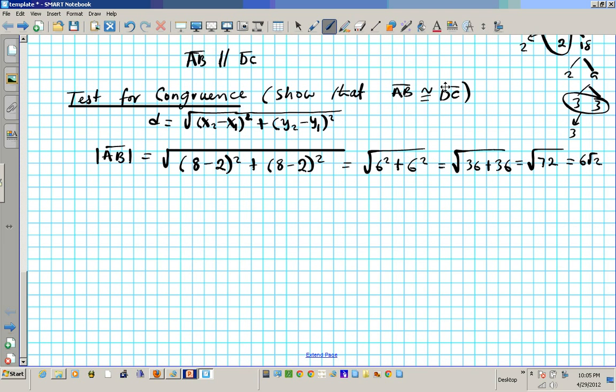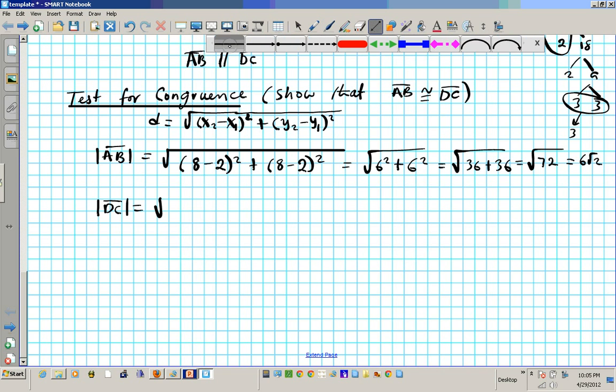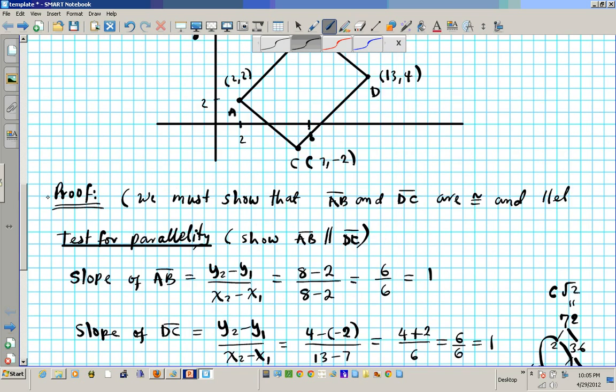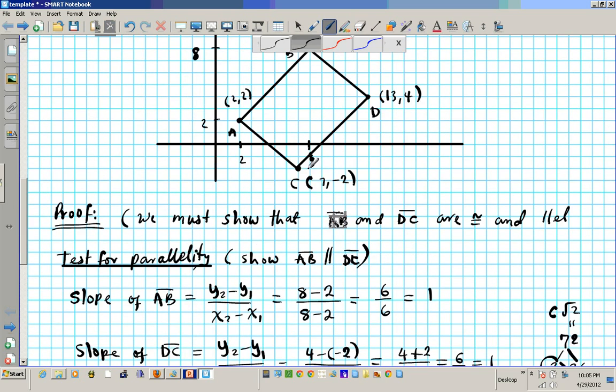Alright, now we also need segment DC. The length of segment DC, if I can show that that is the same as the first one, I'll have accomplished my goal. Alright, so we're going to use the same distance formula, the square root of x2 minus x1 squared plus y2 minus y1 squared, to give me the distance. Okay, so if you look at our shape, this is my x2, x1, y2, y1.